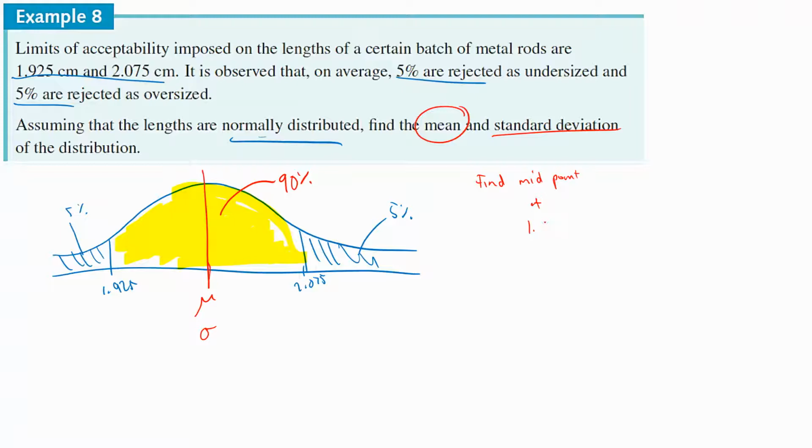Very good. Because we know it's right at the center, and because it's symmetrical, this was 5%, 5%, so the mean is right at the center. If I found the total length between 1.925 and 2.075, and I halve it, that should give me the x value, which is the mean. Okay. Second question is, what is my x-axis representing? What's the variable representing?